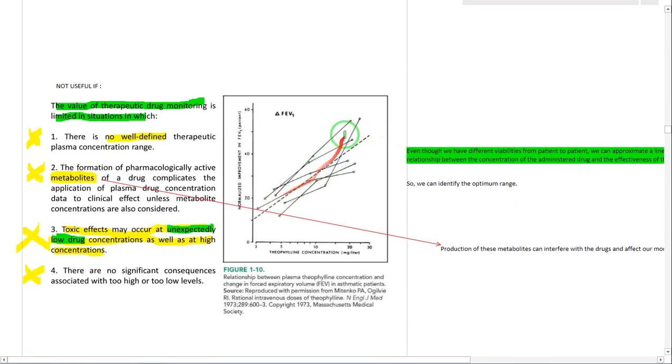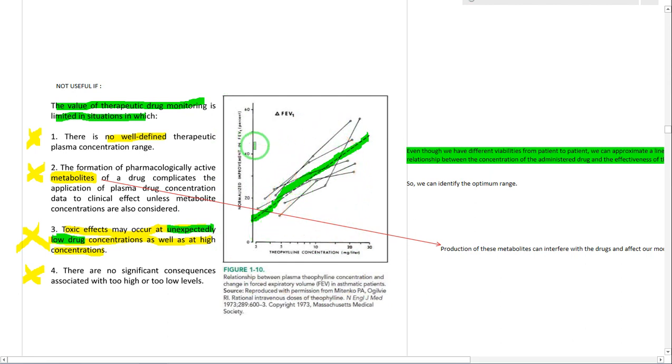For example, have a look at this diagram, and you see here that the concentration of the drug that has been used with respect to the corresponding effectiveness for different patients finally seems to have, let's say, a linear relationship.